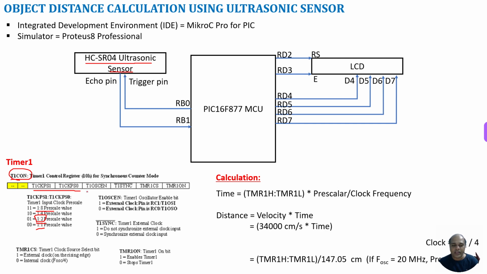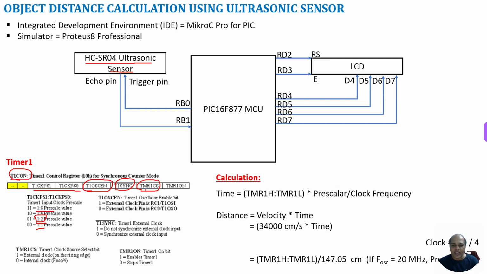Then T1 oscillator enable is used only in counter mode. Since we are going to use the timer in timer mode, I am not going to use this bit. Again, T1 sync is used for counter mode. It is not used here. And timer 1 CS is the timer 1 clock source, whether my clock source is an internal or external clock source.